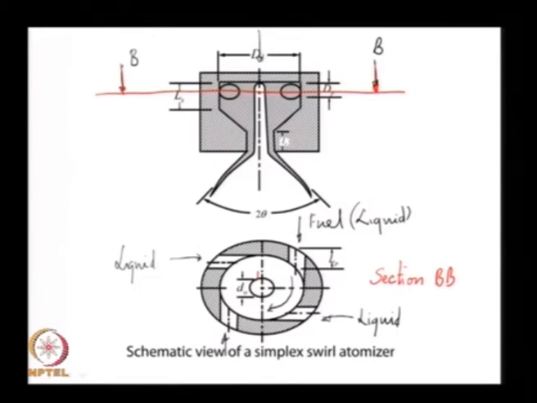So, essentially you can see the orifice is shown as 2 circles here. Really speaking, they are just shown there to give you the idea that they are tangential orifices. So, they are better shown.